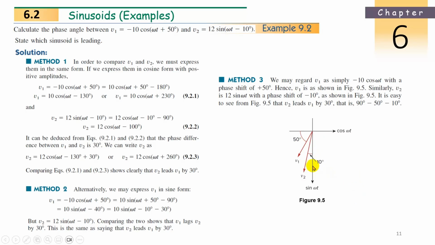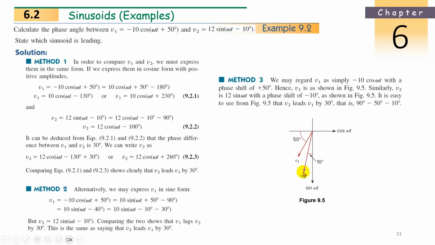But we can see which one is coming first. When you are rotating anti-clockwise, V2 is coming first, then V1. Minus means clockwise, plus means anti-clockwise.